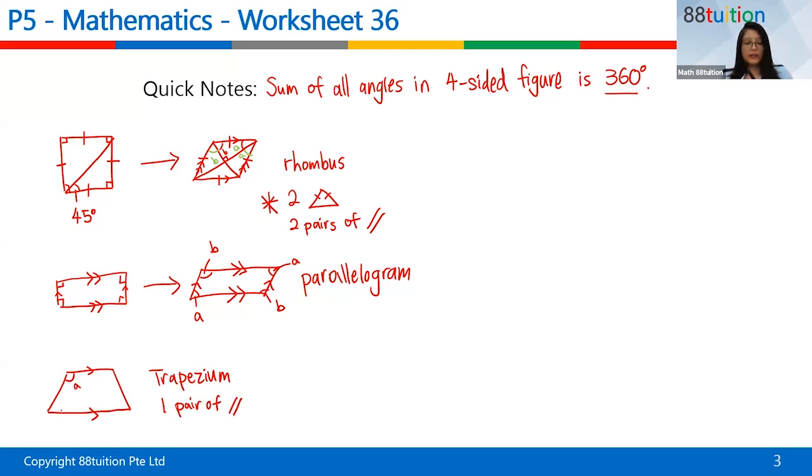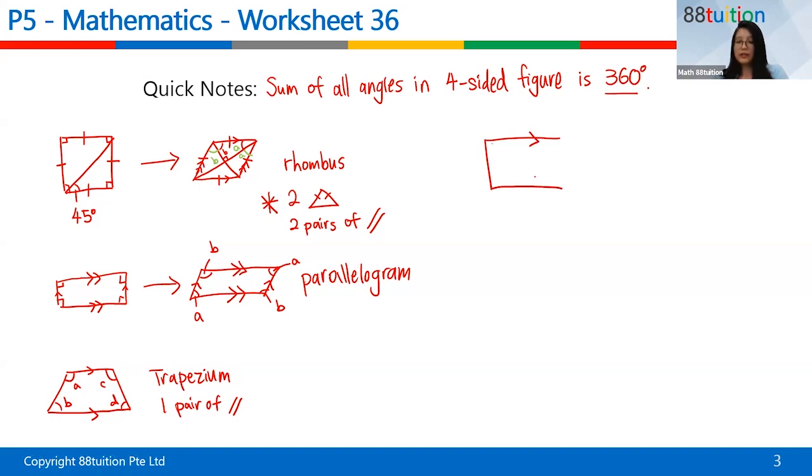This is A, this is B, this is C, this is D. There's a common property that you all need to know: when there are two parallel lines and then a line crosses here, it's like a C. Do you all see that as a C? You can draw it more slanted so that you can see that this is not 90.